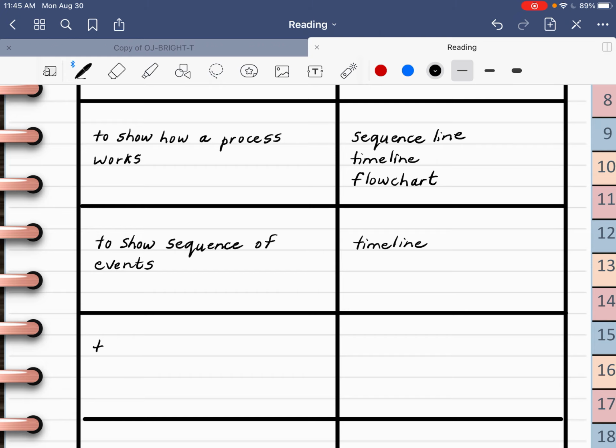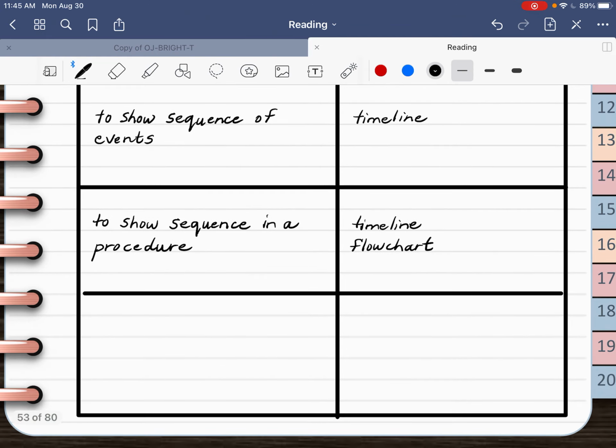To show the sequence of a procedure, so if you wanted to show someone the steps in getting a high school diploma, high school equivalency diploma, you could make a timeline for this. You could also use a flow chart to show sequence in a procedure. So timelines or flow charts. Sequence line is a timeline.